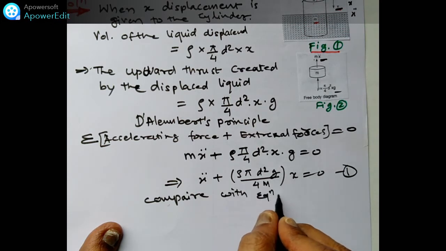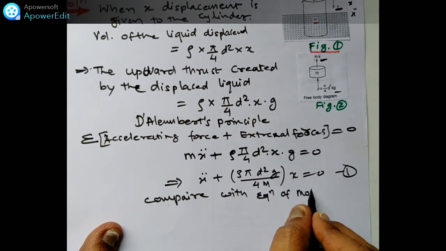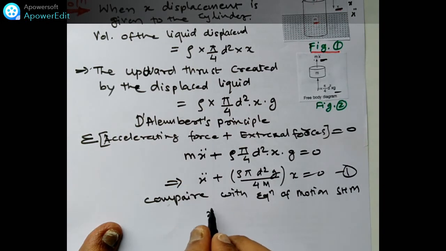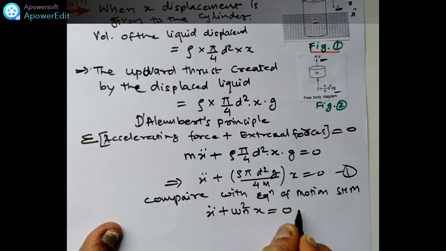Now we compare this equation 1 with the equation of motion, that is the SHM equation: x double dot plus omega n square into x equals 0. This is equation 2.